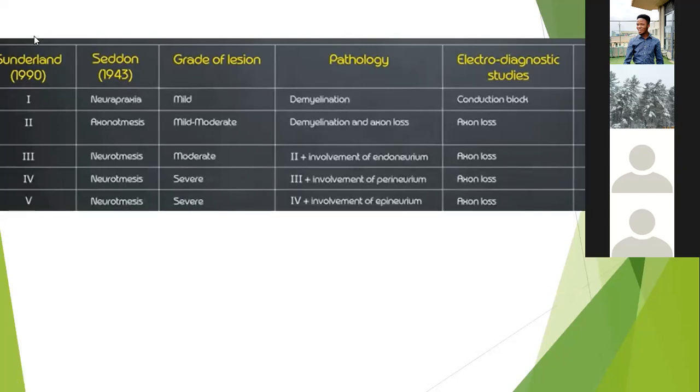So, what we have in the left column is Sunderland's classification. In the next column, Seddon's, the grade or extent of damage. Pathology is what you actually see, or what does it involve? Remember what we talked about? Pathology is the structure. Which structure has been damaged?